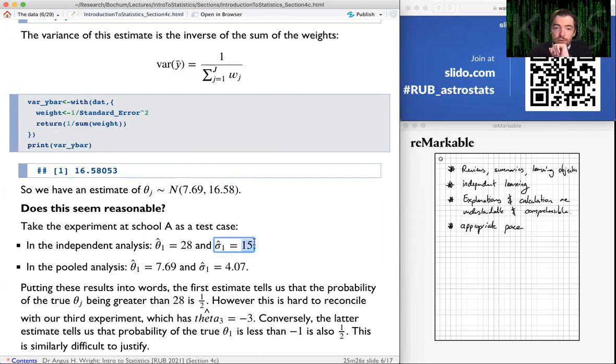Sorry, that should be square root 15. And so we have wildly different estimates of the parameter we're interested in. This is theta for school A, depending on whether we go down the route of the pooled estimate or the totally independent estimates.